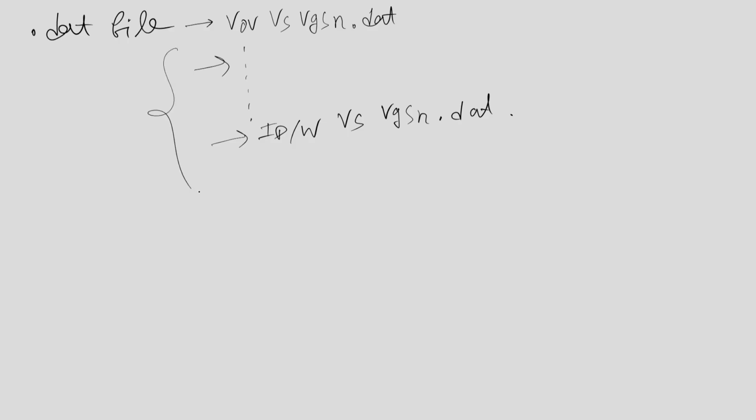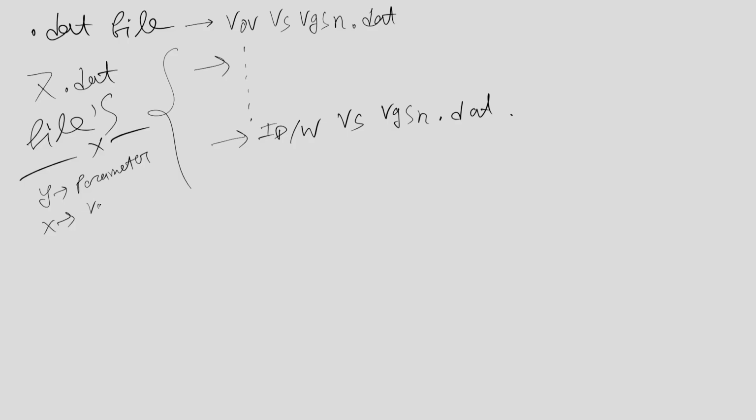So basically, we are generating 7 .dat files from Cadence, which contain the y-axis parameter and the x-axis as VGS of n. That is what we covered in the last class.